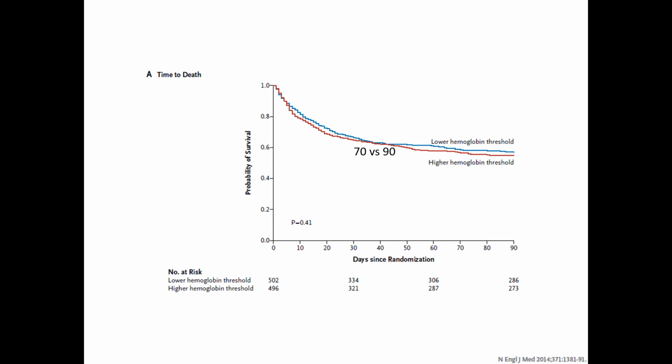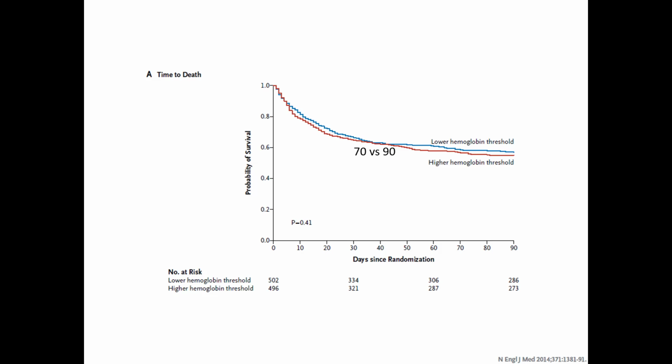Now, this is a more contemporary trial from 2014. Once again, I'm just showing you data from different population groups. These are patients who were admitted to intensive care units with the diagnosis of sepsis. And in this group, they were randomized to a lower hemoglobin threshold of less than 70 or a higher hemoglobin threshold of less than 90.